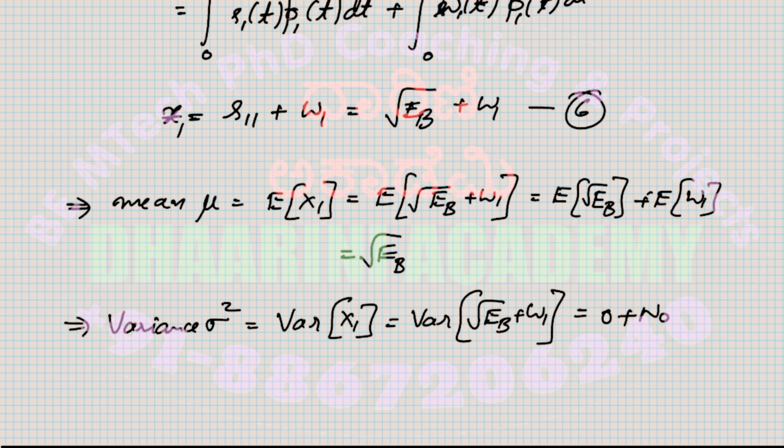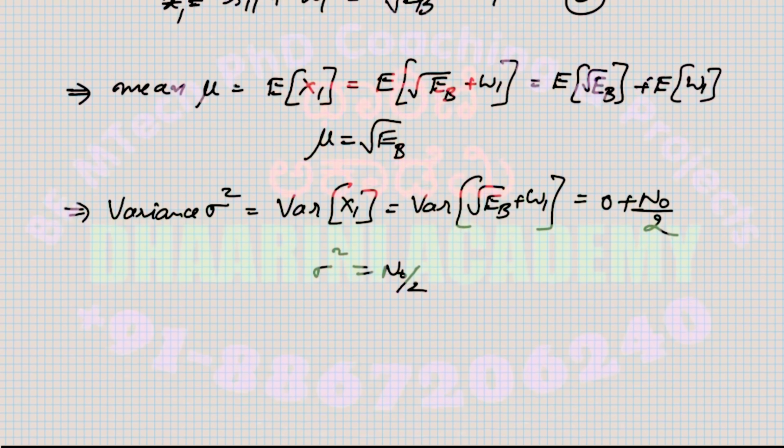So for both the cases, whether you send 0 or 1, the mean changes. For 0, it is minus root Eb. For 1, it is plus root Eb. But the variance remains same. So the variance value is calculated as N0 by 2, that is sigma square equal to N0 by 2.